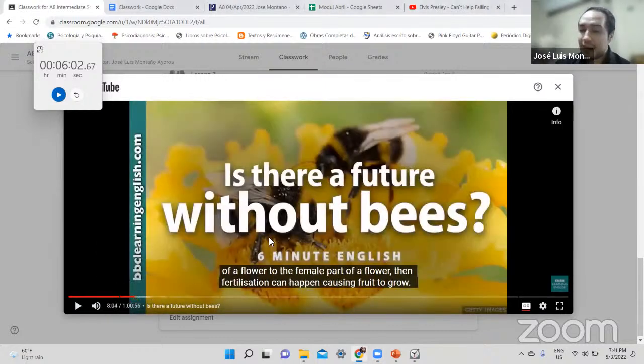And it means that one insect, in this case the bee, is going to move pollen from one flower to another flower, okay? Because actually the plants are going to reproduce. And the bees do that, and the insects do that, but they don't do it on purpose. They don't know that they are doing that. They are collecting something else, and the pollen sticks to them.